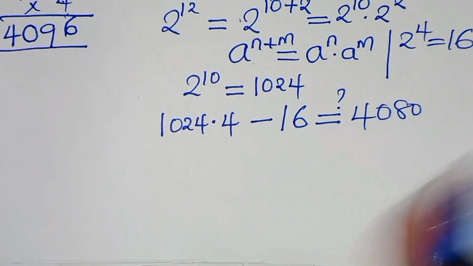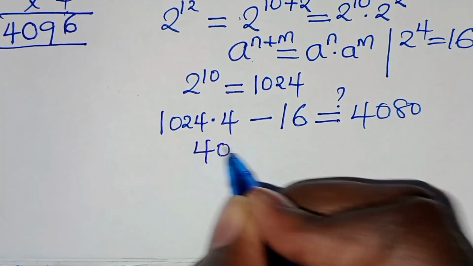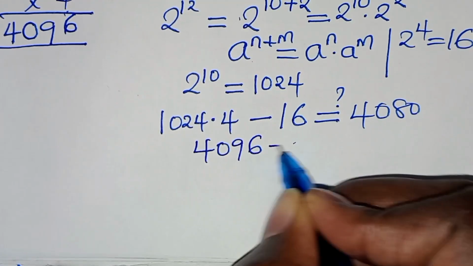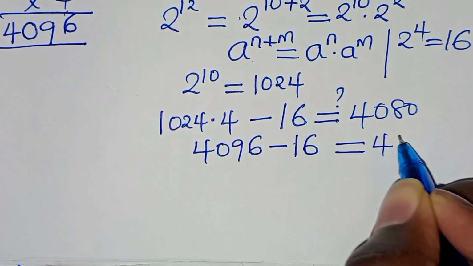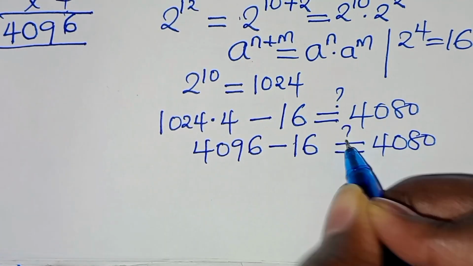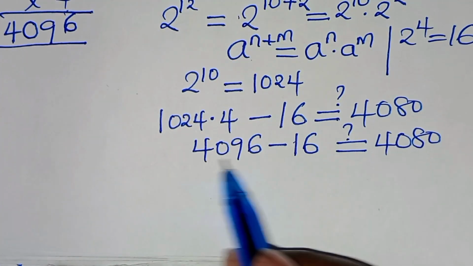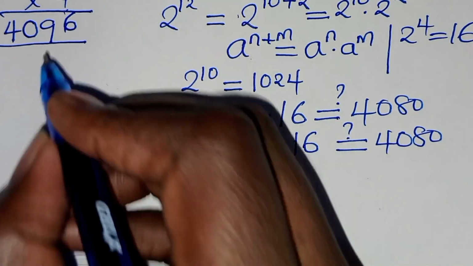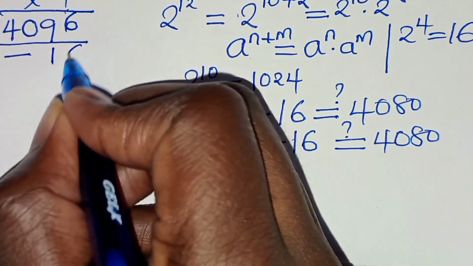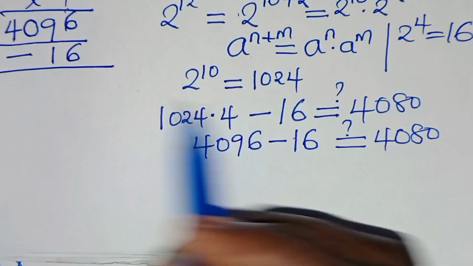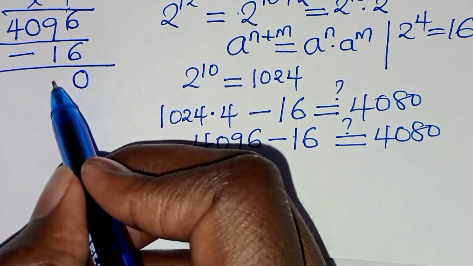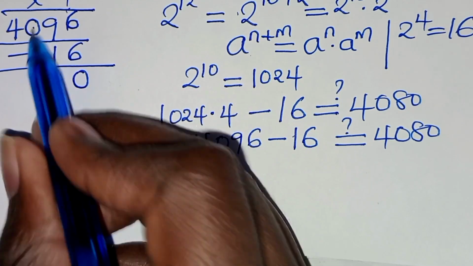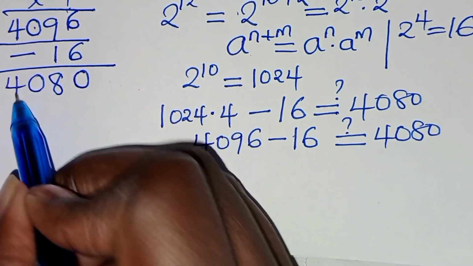So therefore, we have 4096 minus 16. This is supposed to give us a value of 4080. 6 minus 6 is 0. 9 minus 1 is 8. 0 here and 40.